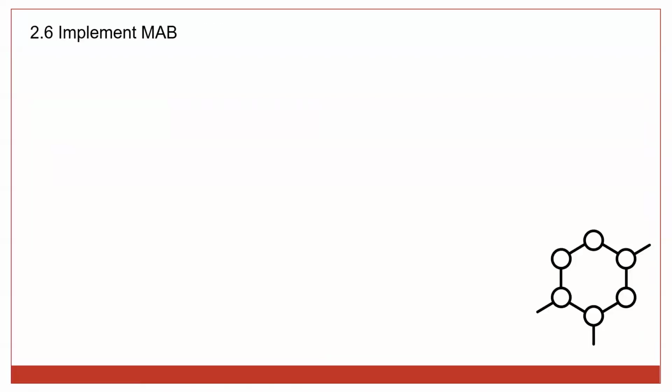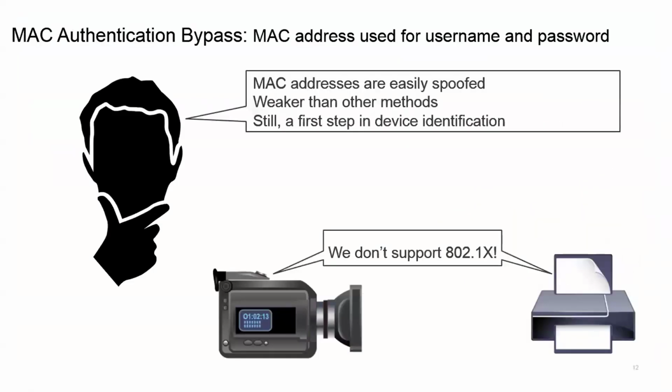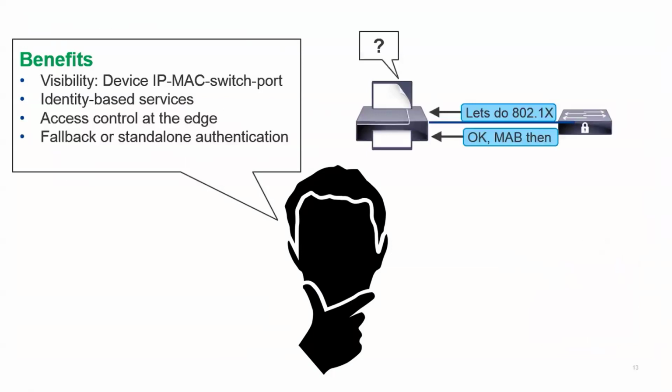All right, so far we have discussed 802.1X. Likewise, we have MAB, which is MAC Authentication Bypass. In case you have different types of MAC-based devices, how can you provide authentication?